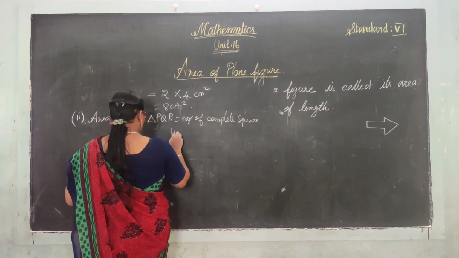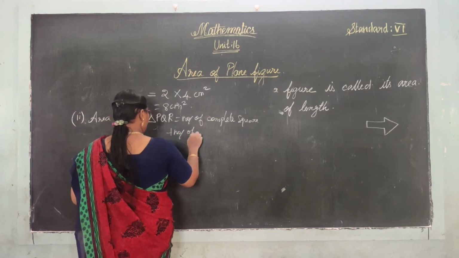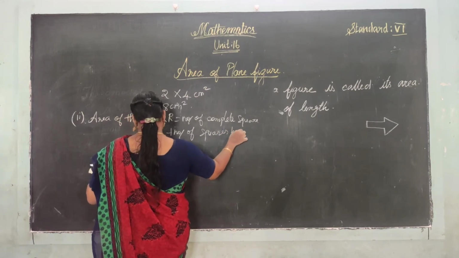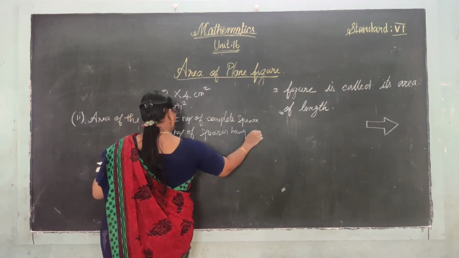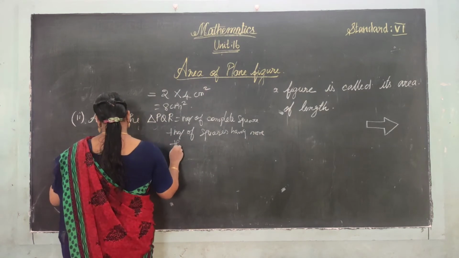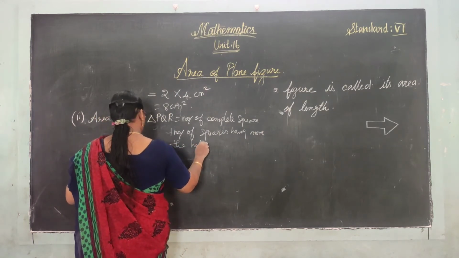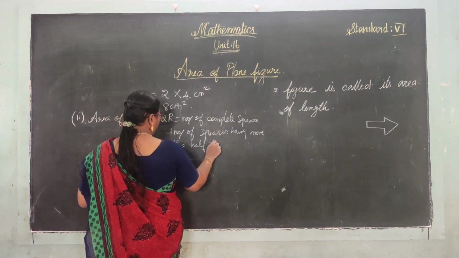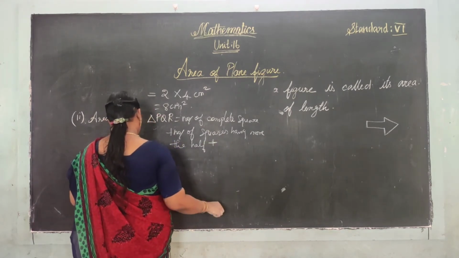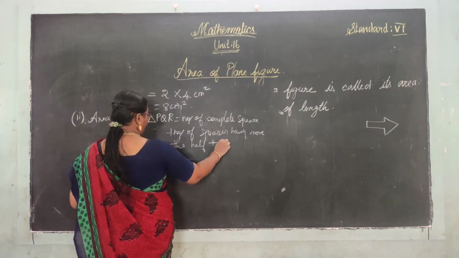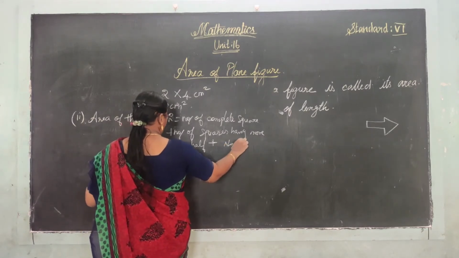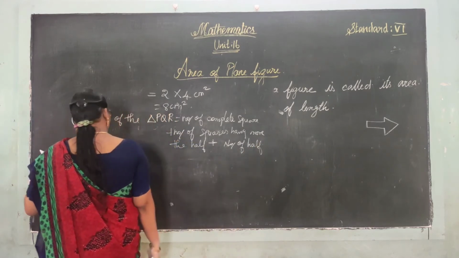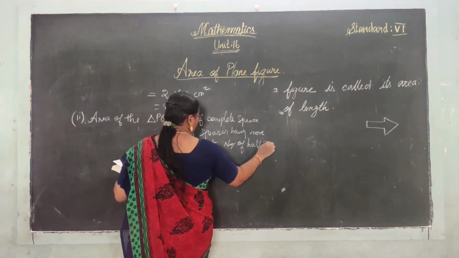Number of squares having more than half, plus half, number of halves, half square.